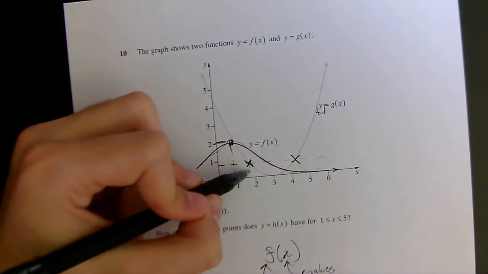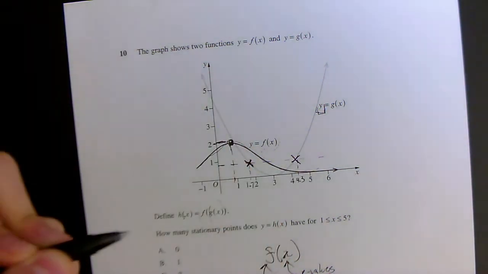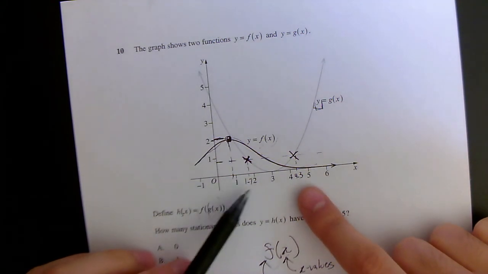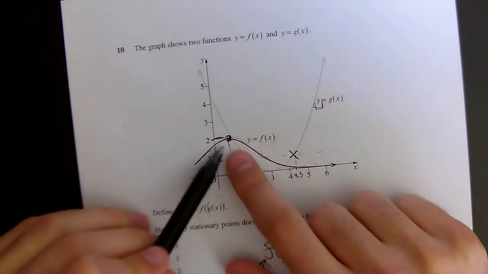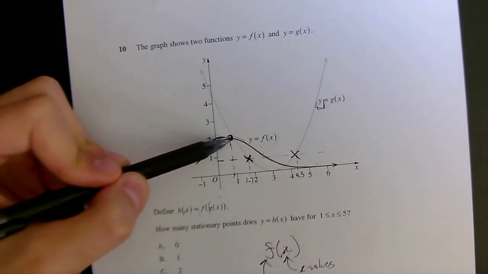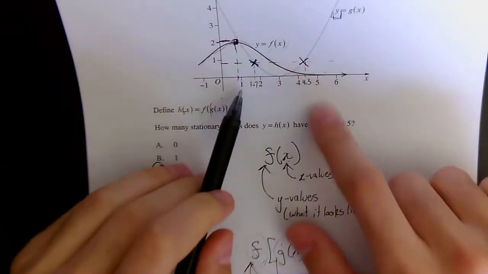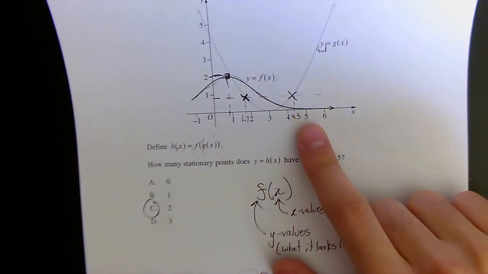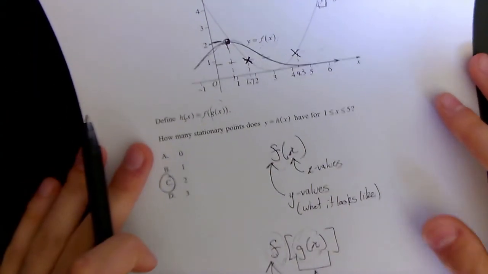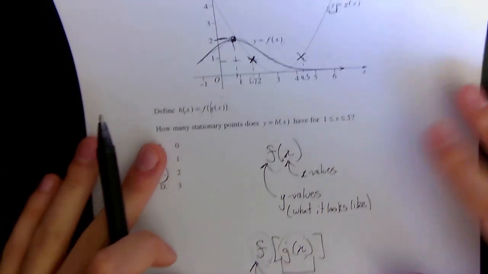So at x equals, let's say, 1.7, and at x is 4.3, let's say, when I sub them into h of x, I'm going to output this stationary point, which indicates that there's 2 stationary points because there are 2 values of x for which this happens. Okay? This is a very, very difficult question, and it really requires proper understanding of the concepts involved.